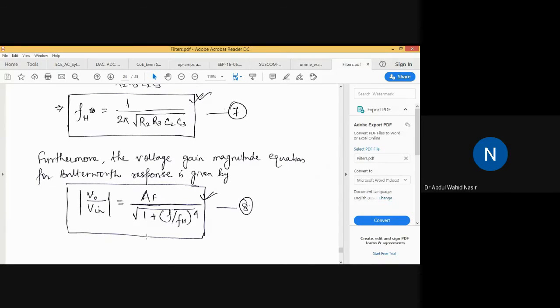For the first order low pass filter, the order of F by FH was 2, but here in the second order it is 4. So V naught by V in is equal to A by root under 1 plus F by FH to the power 4. This is equation number 8. So 7 and 8 are the outcome of the second order low pass Butterworth filter. Clear? So this is your derivation of fh and V naught by V in.